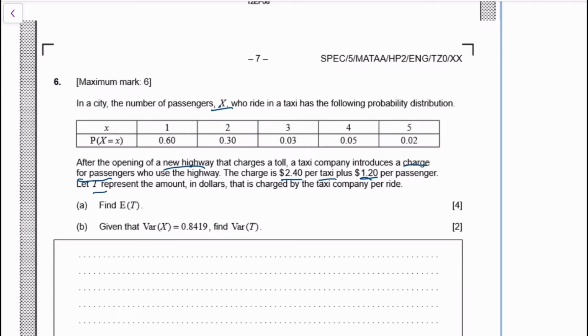Wow, okay. So first, what's T? T is pretty much $2.4 per taxi plus 1.2 per passenger. But the number of passengers is X, so T is 2.4 plus 1.2x.